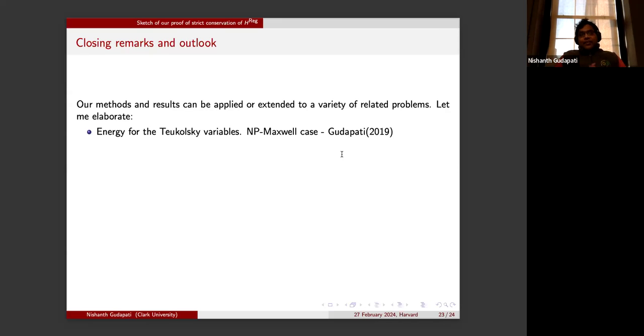For that, there are some very classic results by Teukolsky, who used a certain combination of the Weyl tensor, a projection of the Weyl tensor in the null tetrad, and it showed that certain extreme, so-called extreme components of these Weyl tensors are gauge invariant variables, and they decouple.